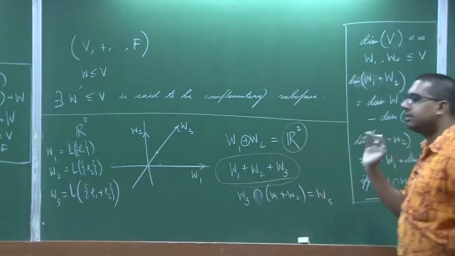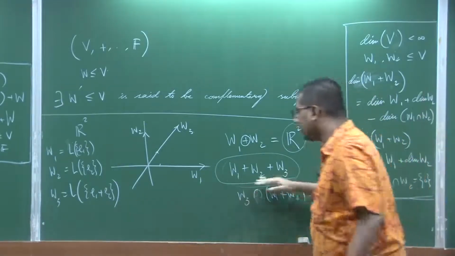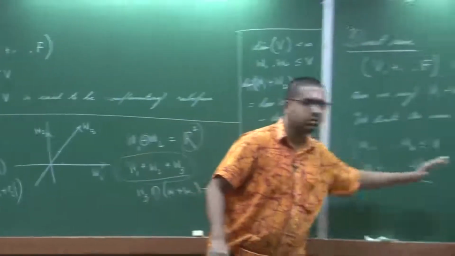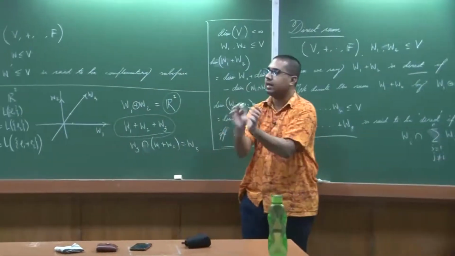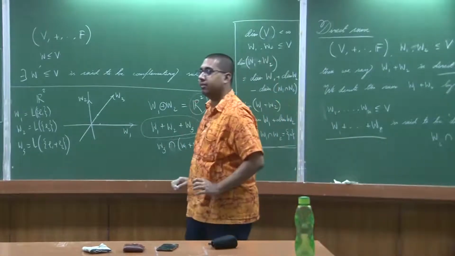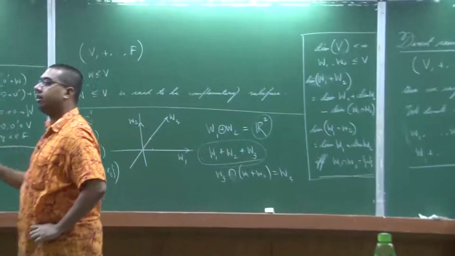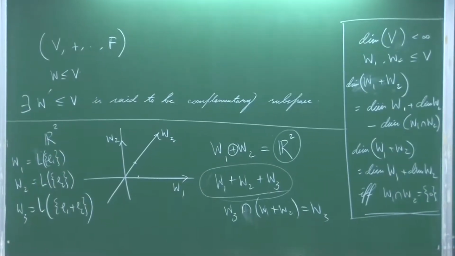So, the notion of directness is attributed to the sum of the collection which is under consideration. So, the sum of W1 and W2 is direct, but the sum of W1, W2 and W3 is not direct. So, when we say direct and not direct, we have to mention what the summands are.